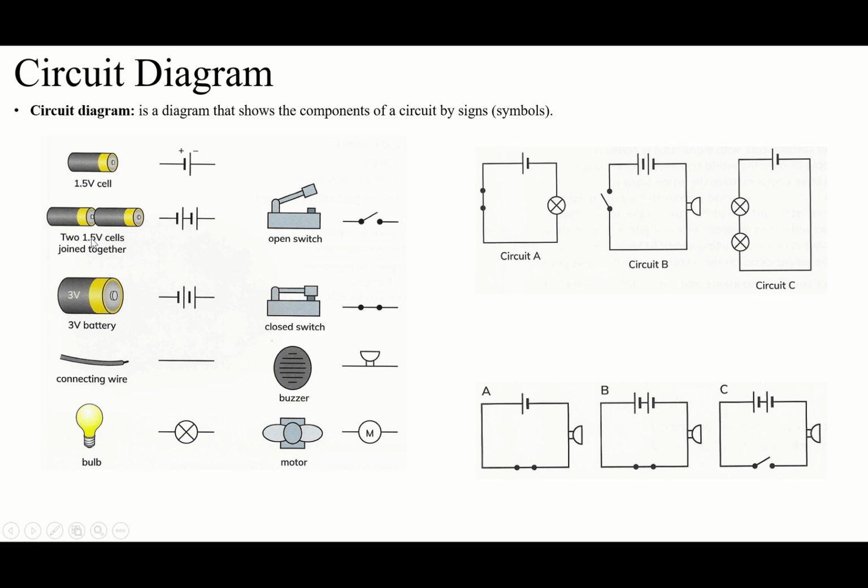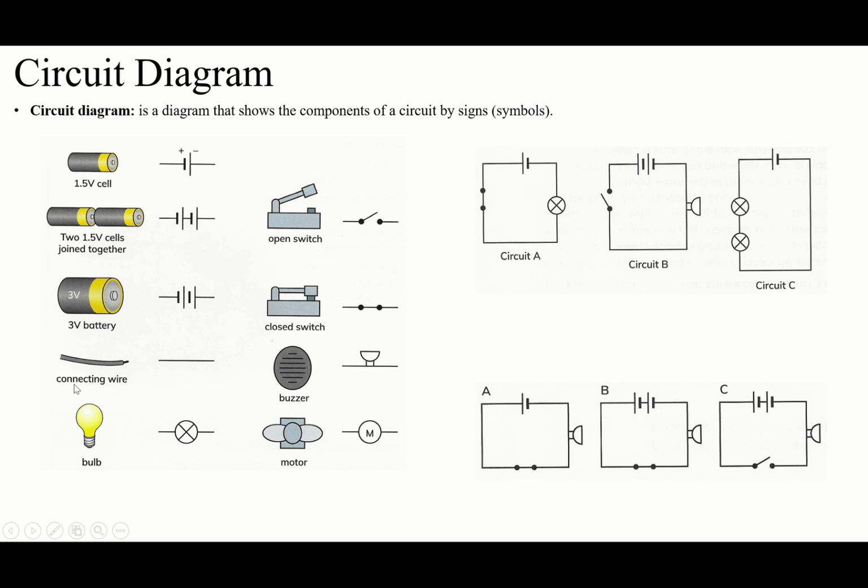It's 1.5 plus 1.5 makes 3 volts. Here also 3, but the difference is this: two cells connected have a connecting line, and here we don't have it, so don't confuse them.